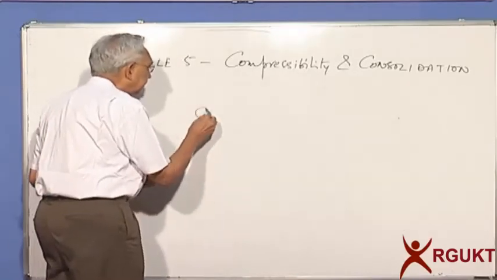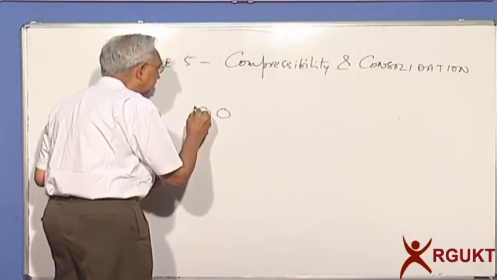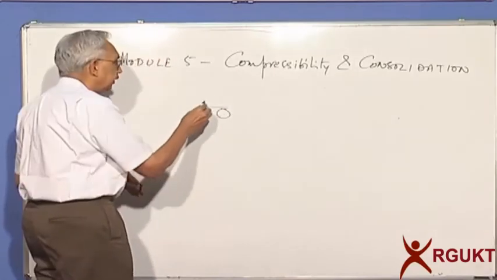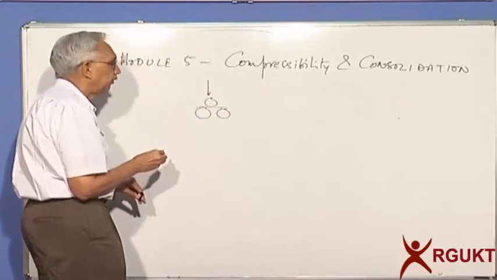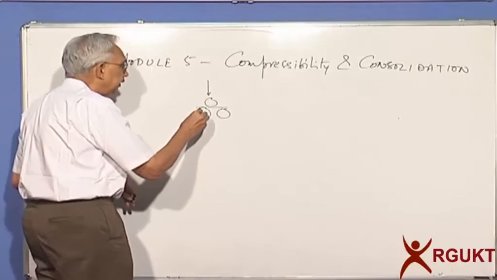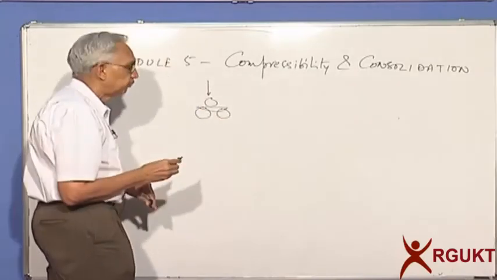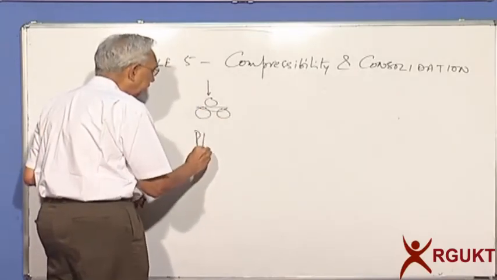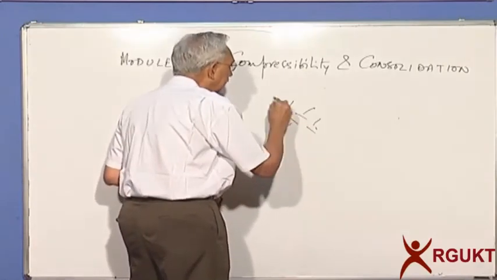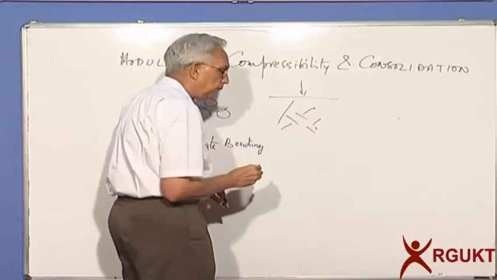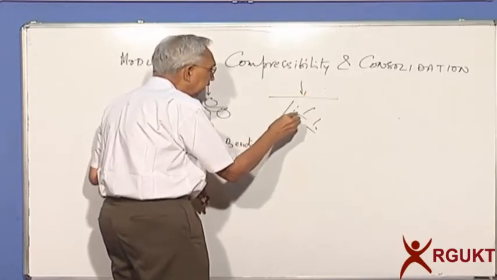Let's visualize there is a coarse-grained material, another coarse-grained material, and a clay particle here, and another coarse-grained material. If the load is acting on the upper coarse-grained material, the plate may bend. So this is plate bending. Whereas if I have fine-grained soil alone, and I am applying a load on top, these particles may rotate.